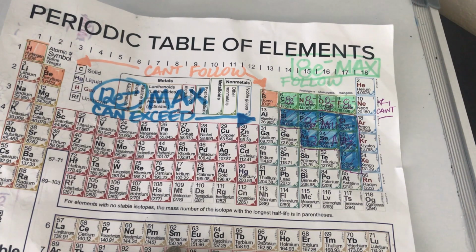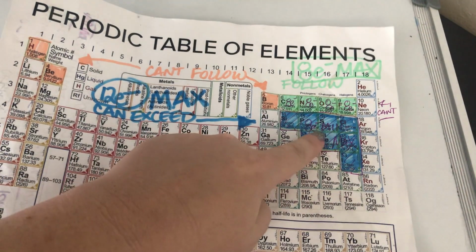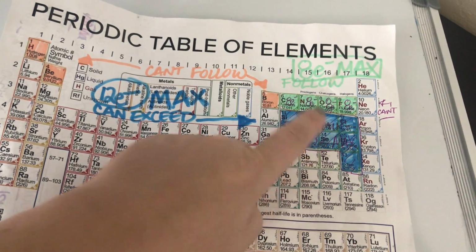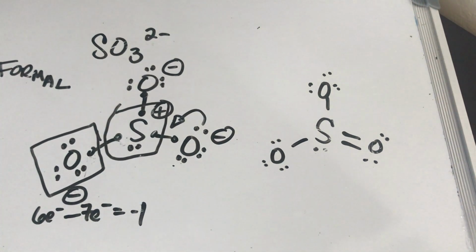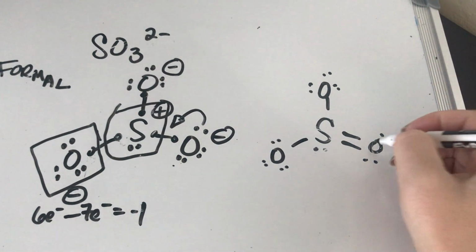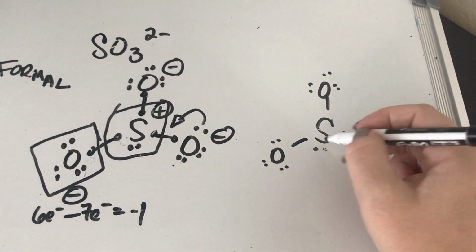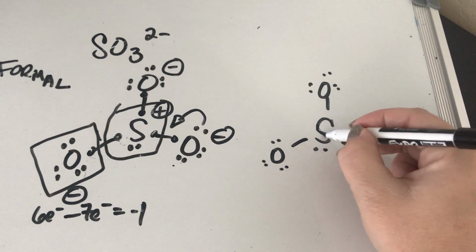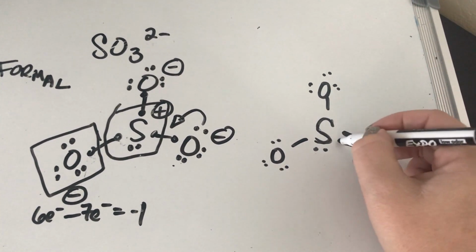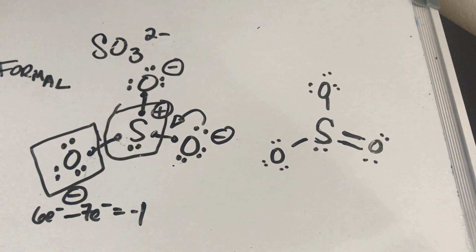Yes, it is. So sulfur is allowed to exceed the octet rule. So it is okay with having 10 electrons around it. So our octets are satisfied.